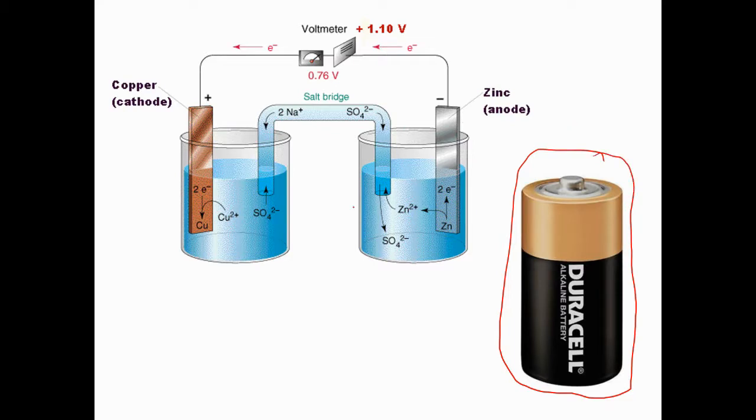Two different metals, two different solutions, a salt bridge to connect them. Salt bridge is where the ions transfer back and forth, okay? The wire is where the electrons flow, and the voltmeter is just a way to show us, oh yeah, electricity is moving, we've got electricity. Instead of a voltmeter, you could have a light bulb there. You could have some other thing that uses the electricity.